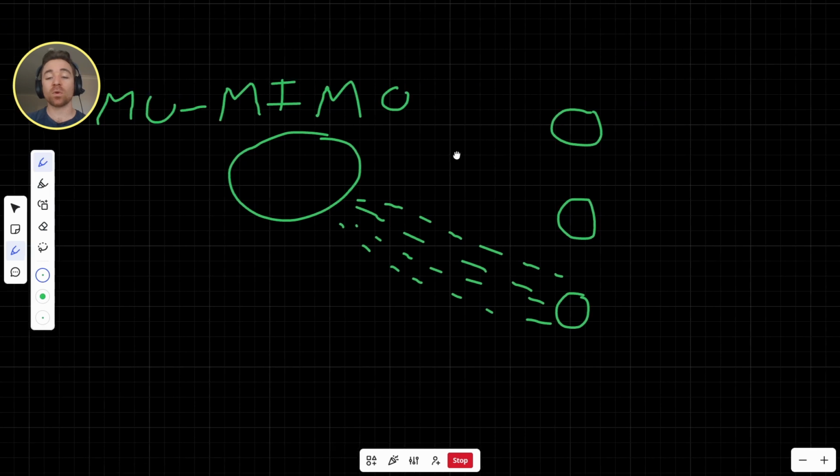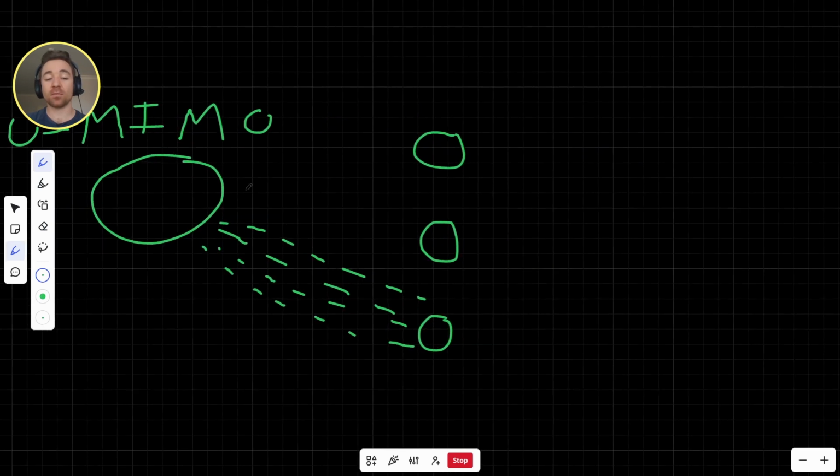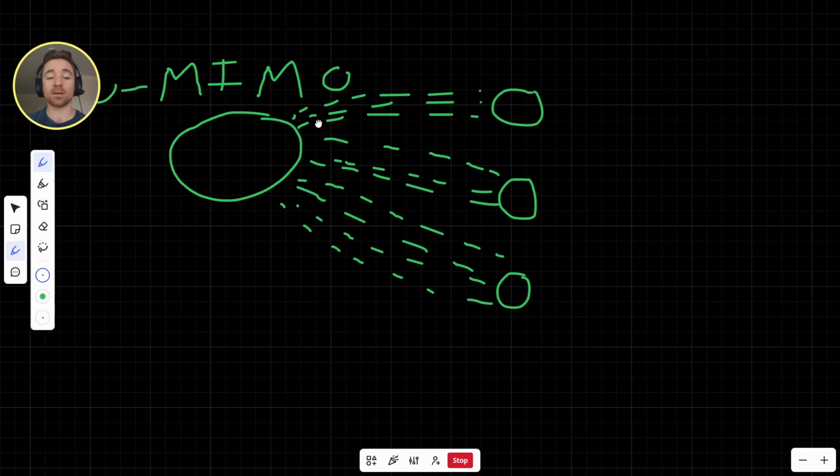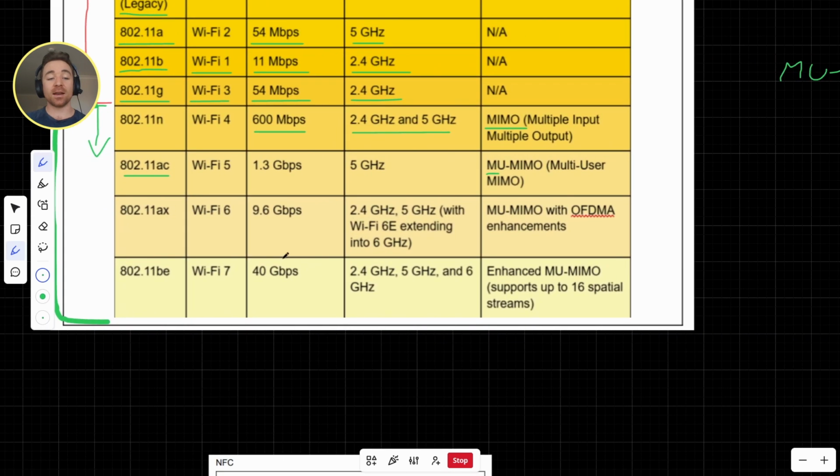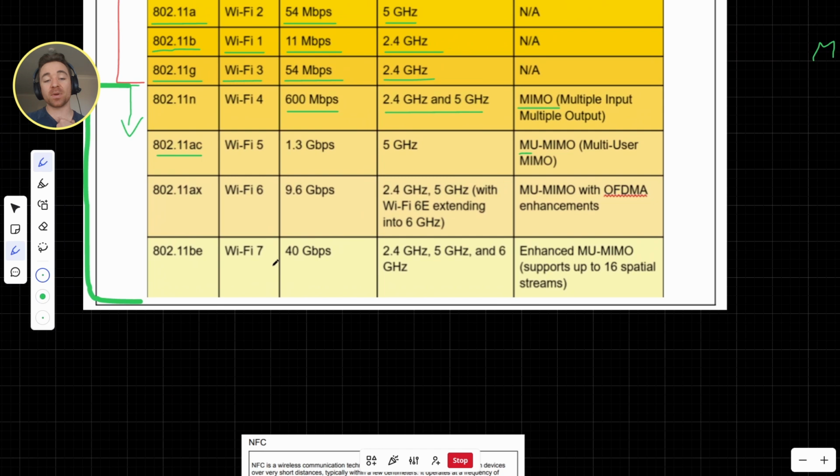MIMO. What that basically means is you now have multiple streams for multiple users, which, as you can imagine, means multiple users can connect to the router using multiple streams at the same time, so it's going to be a lot faster, okay? And then when we get to 802.11be, which is the one all the way down the bottom, you can see it operates at 40 gigabits per second.